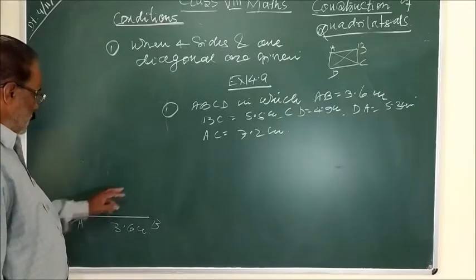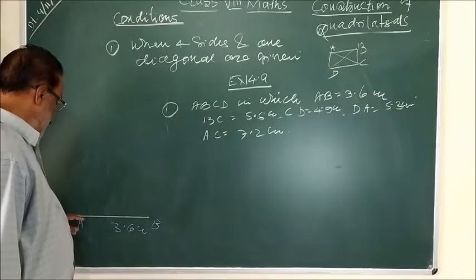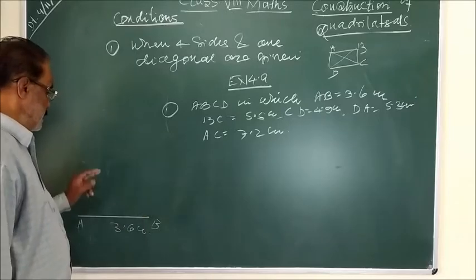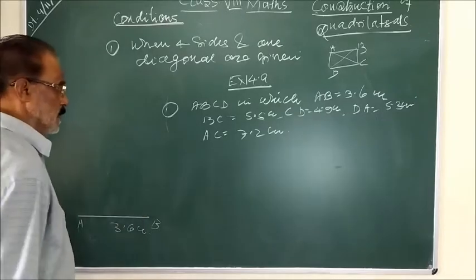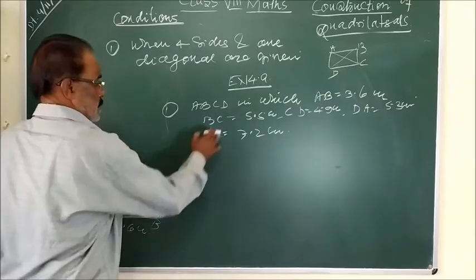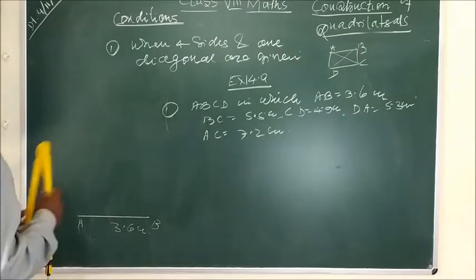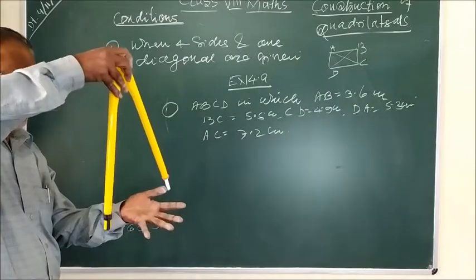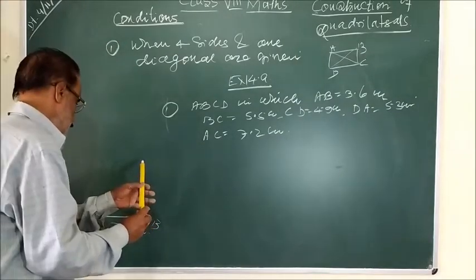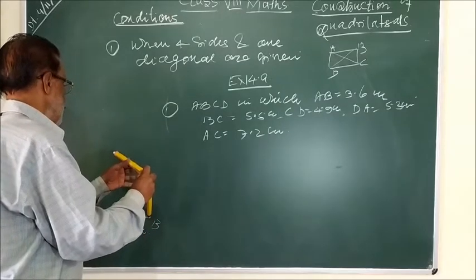Now from B, this will be C. BC is 5.5, so you take the pair of compass, measure 5.5, and from B you draw an arc of 5.5.